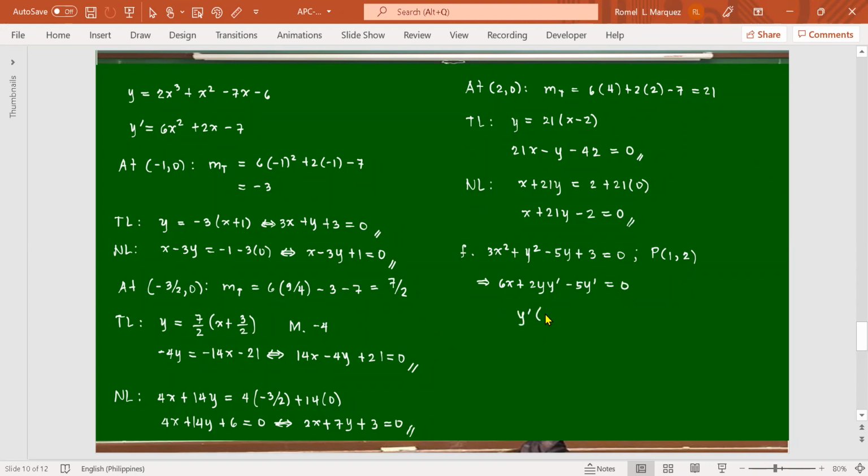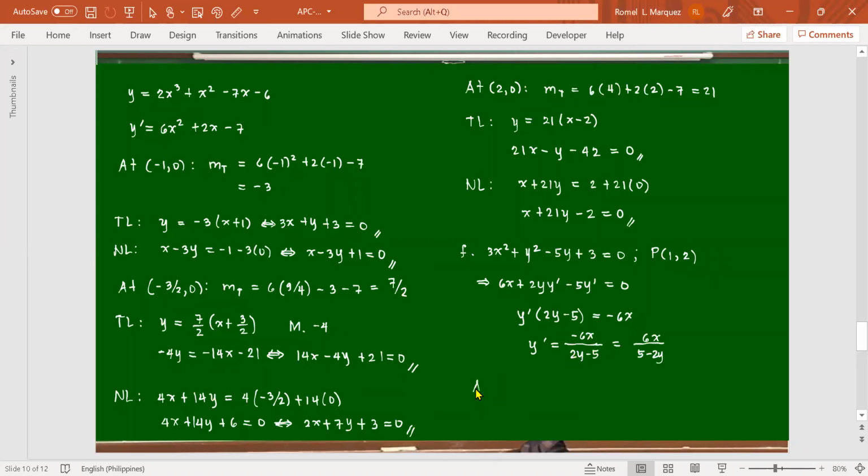Factoring out y prime, we have 2y minus 5, and that is equal to negative 6x. Y prime, therefore, is equal to negative 6x over 2y minus 5, or that is the same thing as 6x over 5 minus 2y, multiplying both the numerator and denominator by negative.